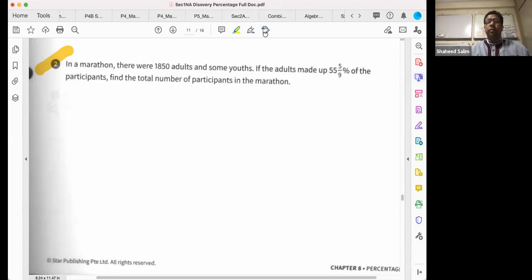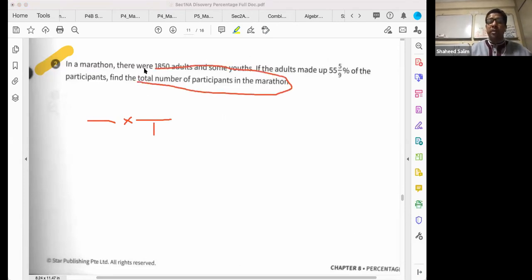Okay, come. Those of you who do not know, I got a feeling down here now, you put 1. What you want to find? You want to find total number of participants. How many percent is this? 100%. All you need to know is 100% and the number of adults, this one.